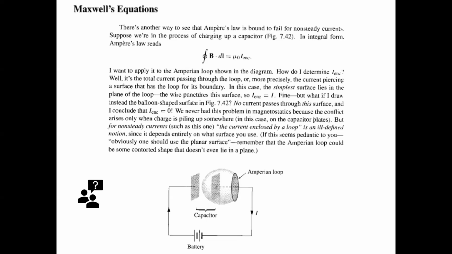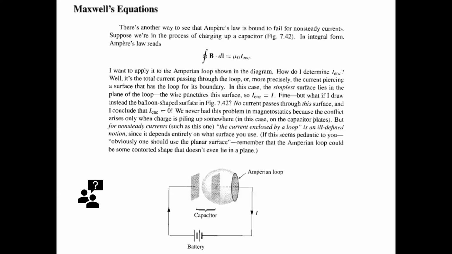But if we draw a balloon-shaped surface, then no current passes through this, because in the middle there is nothing, there is a hollow. And in this case, the I enclosed will be 0. So if you change the surface from 1 to 2, you can see that now the I enclosed will be 0.